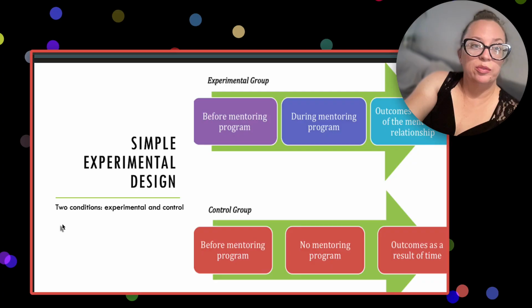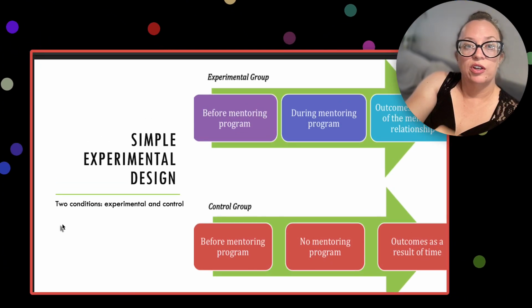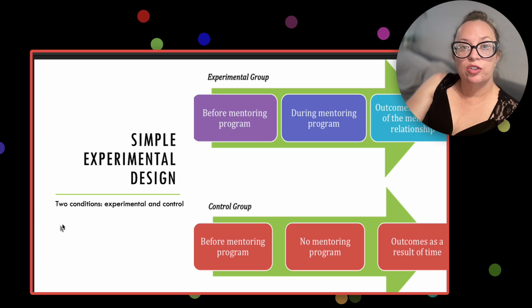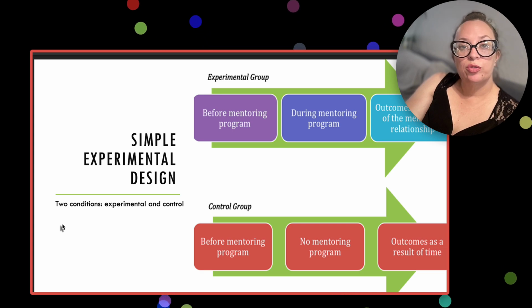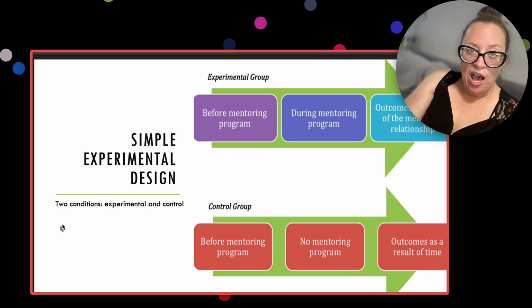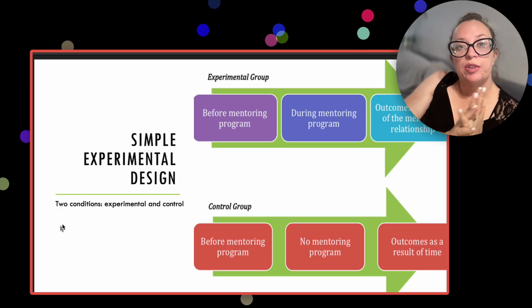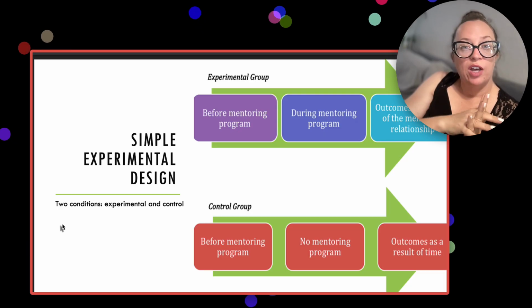All right, so our simple experimental design, another kind of visualization of this, right? We have two conditions, experimental and control. The experimental group will receive something, the other will not. In this case, we have a mentoring program and outcomes, but I like this particular example because it includes the course of time.